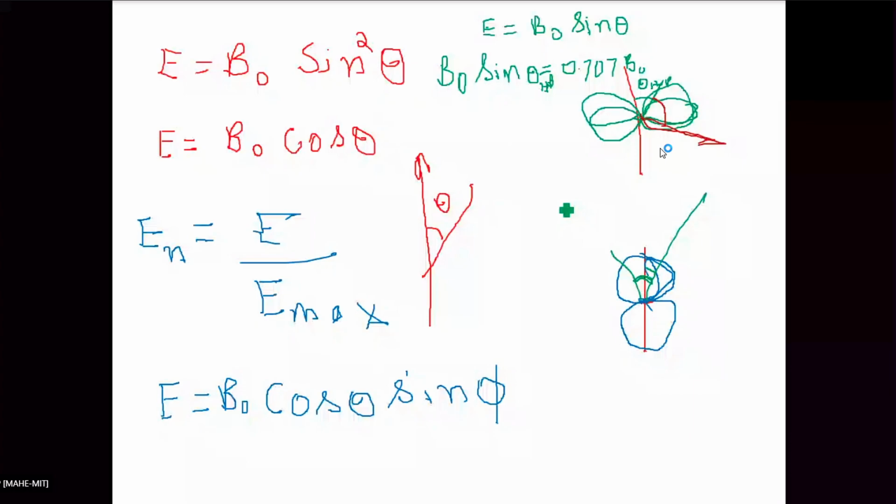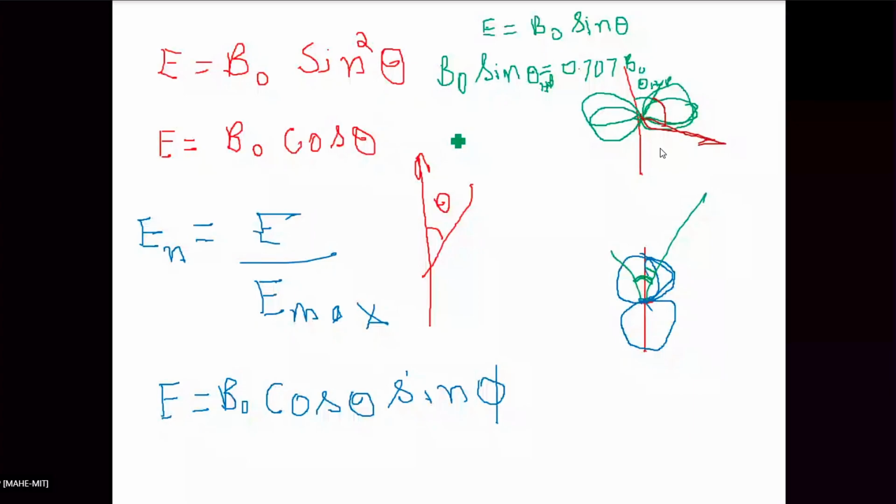Okay, so we have discussed the normalized amplitude pattern. Now, can you draw this B naught sin square theta?